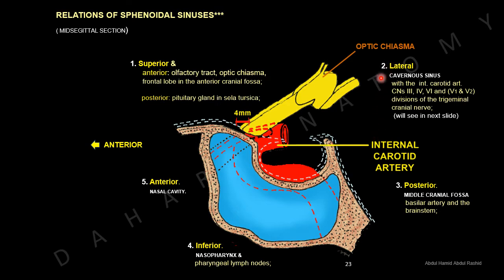Laterally, cavernous sinus with the internal carotid artery, cranial nerves 3rd, 4th, 6th, and 1st and 2nd divisions of the trigeminal cranial nerves. We'll see in the next slide. Posteriorly, middle cranial fossa, basilar artery and the brainstem. Inferiorly, nasopharynx, pharyngeal lymph nodes, and anteriorly nasal cavity.